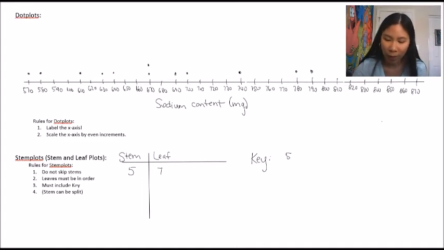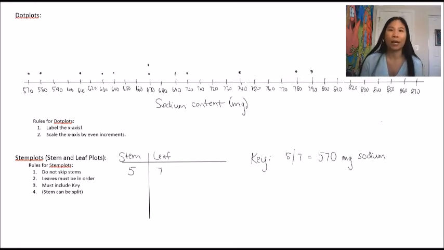If I have 5, line, and then 7, this actually is 570 milligrams of sodium. So this also counts as our labeling of the x-axis, because we're going to define what our variable stands for in the key, as well as any additional numbers that have to be added in order for the reader to be able to understand our stem plot.